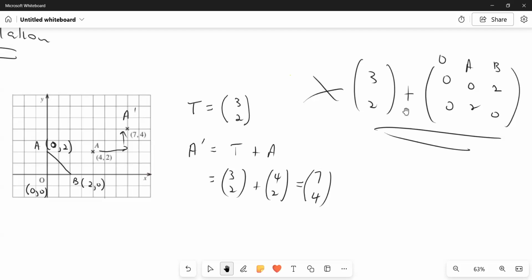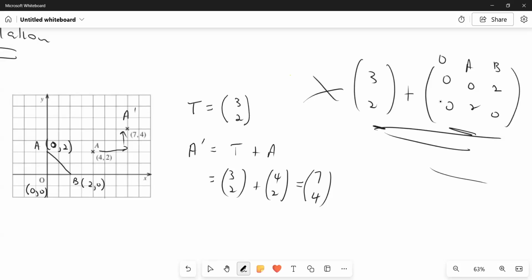There's a condition before you can add two matrices. They must be of the same what? Dimensions. Correct, right? So these two aren't the same.